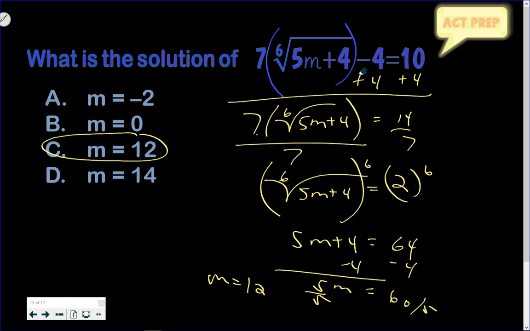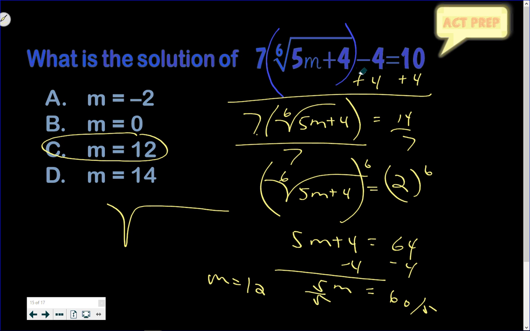It's okay. Your first step in the beginning is you want to isolate the radical, and everything that's attached to the radical. Do you know what a radical is? A radical is this symbol right here.